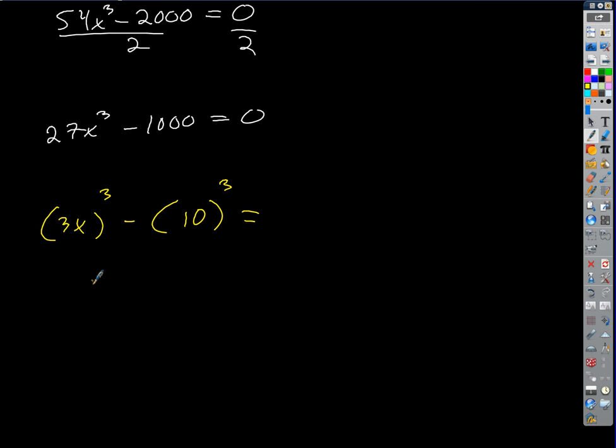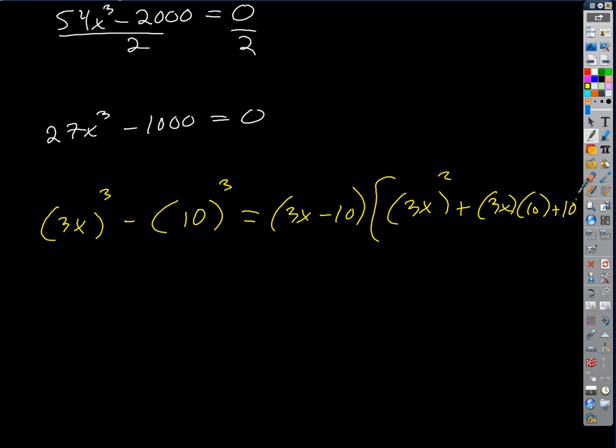So now we can just follow our pattern. We know that we're going to get a minus b times a squared plus ab plus b squared, right?